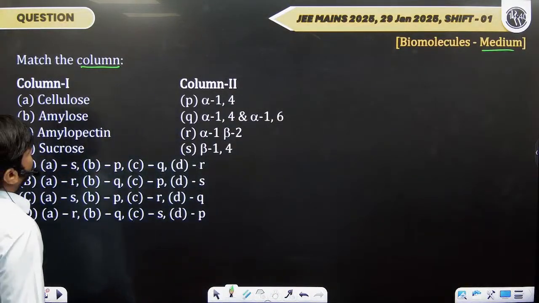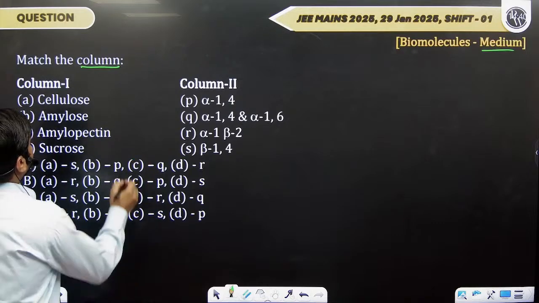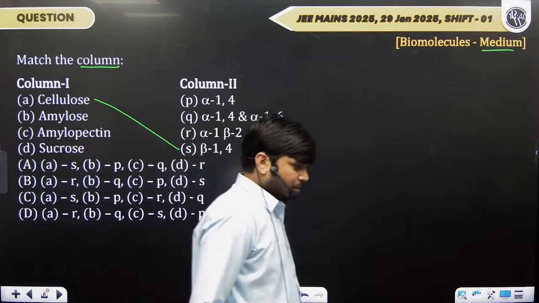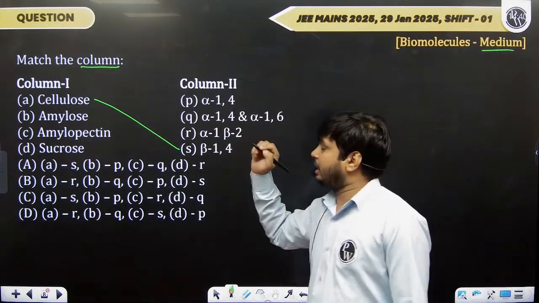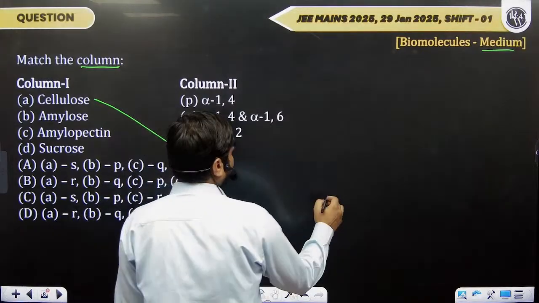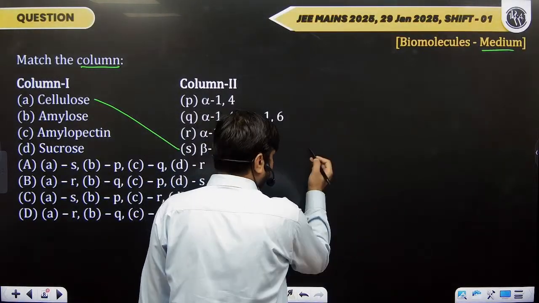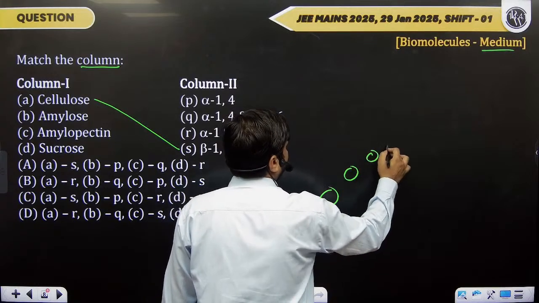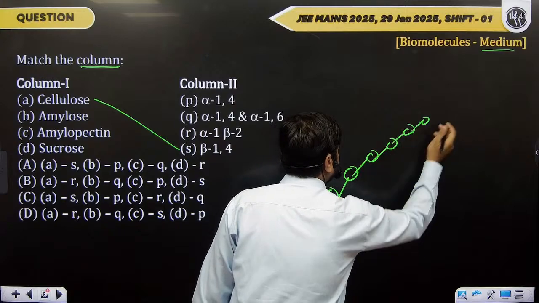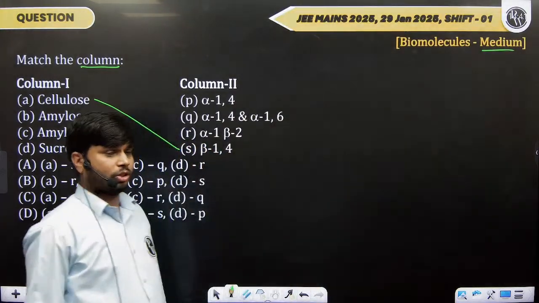Cellulose basically has the beta 1,4 glycosidic linkage, in which the glucose units are connected in a line. So C1, C4, C1, C4, C1, C4, like this we have the structure.